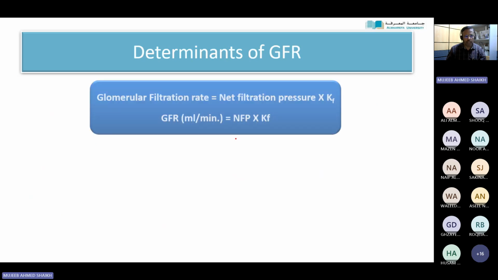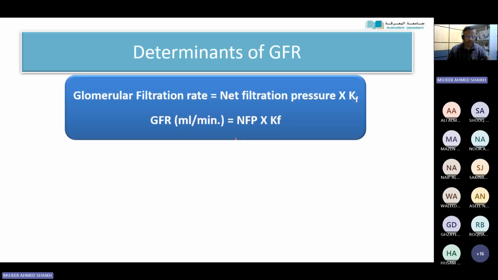Now coming to the actual calculation. Although the calculation will not come in the exam, you have to know what things are responsible for GFR. So glomerular filtration rate is equal to net filtration pressure multiplied by filtration coefficient, counted in ml per minute.